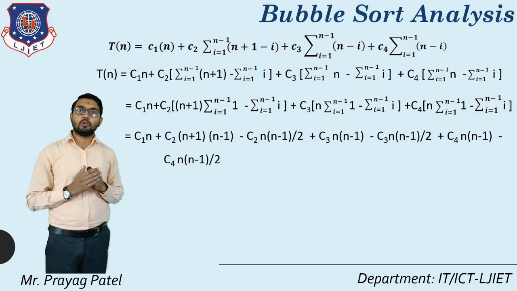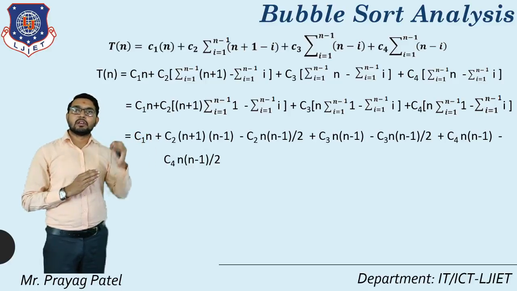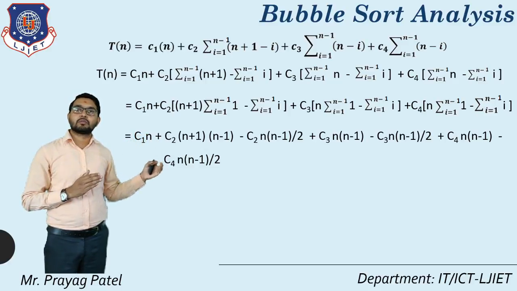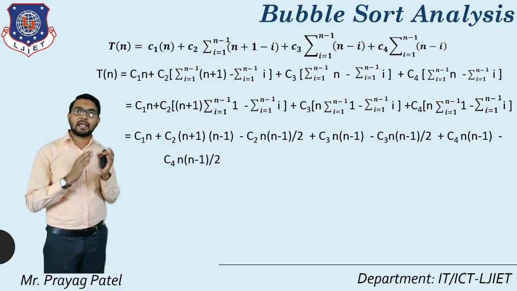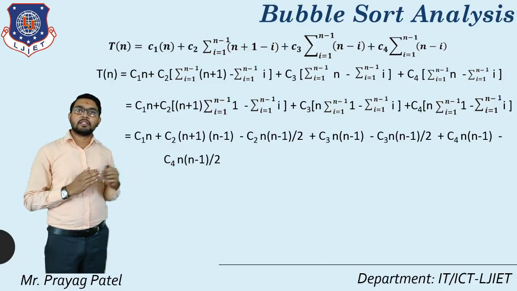Now sigma i equal to 1 to n minus 1 of 1: what is the result of this equation? Sigma i equal to 1 to n minus 1 of 1 means upper limit minus lower limit plus 1. According to this, we can consider it as n minus 1, minus C2 into n minus 1 divided by 2, because here the equation is i equal to 1 to n minus 1. If sigma i equal to 1 to n of i, then we consider n into n plus 1 divided by 2.